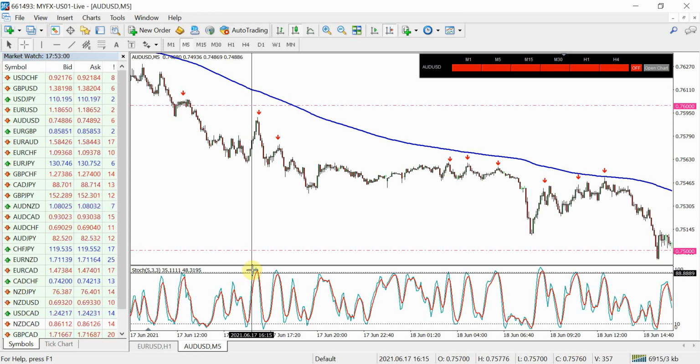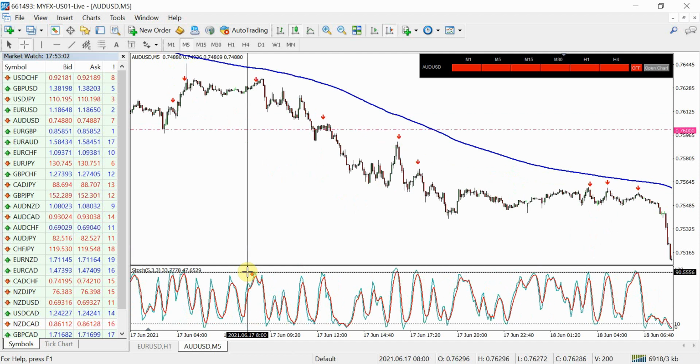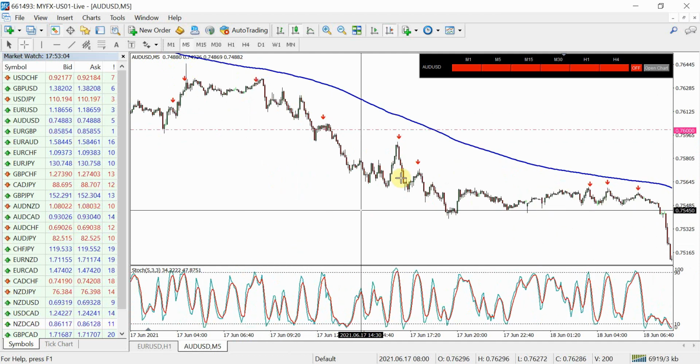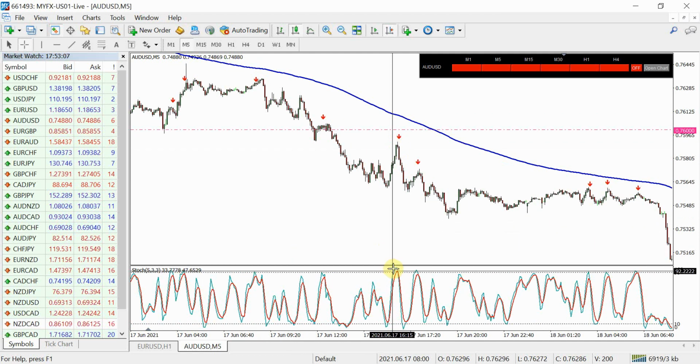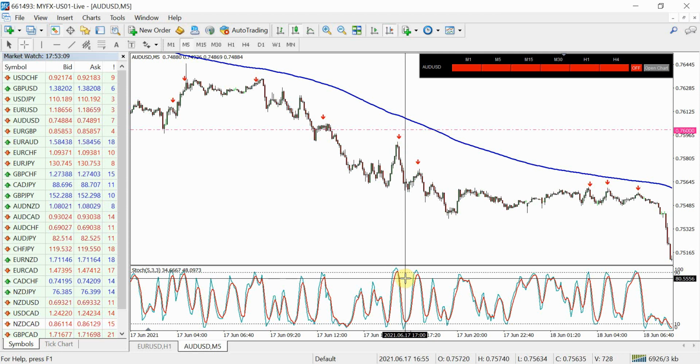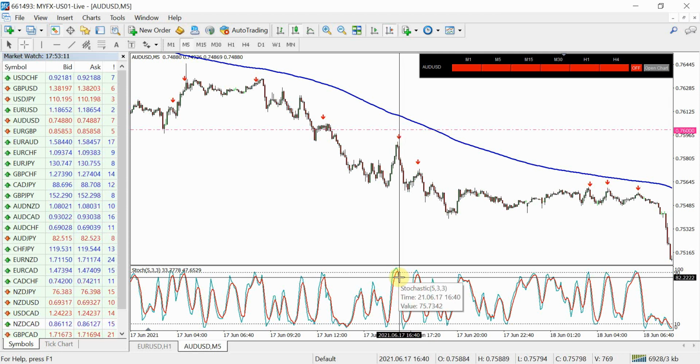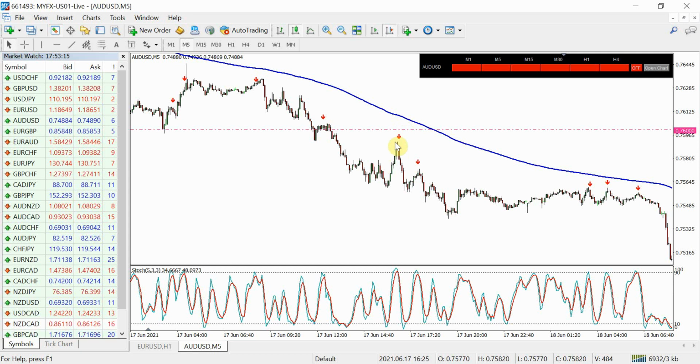Take a note of, we are now in overbought territory, and where's it gone over here? And then when the oscillator comes out of overbought territory, you can see here at that level there, it will print a signal of, in this example, sell, because we are underneath the 200 EMA. And that's basically how it works.